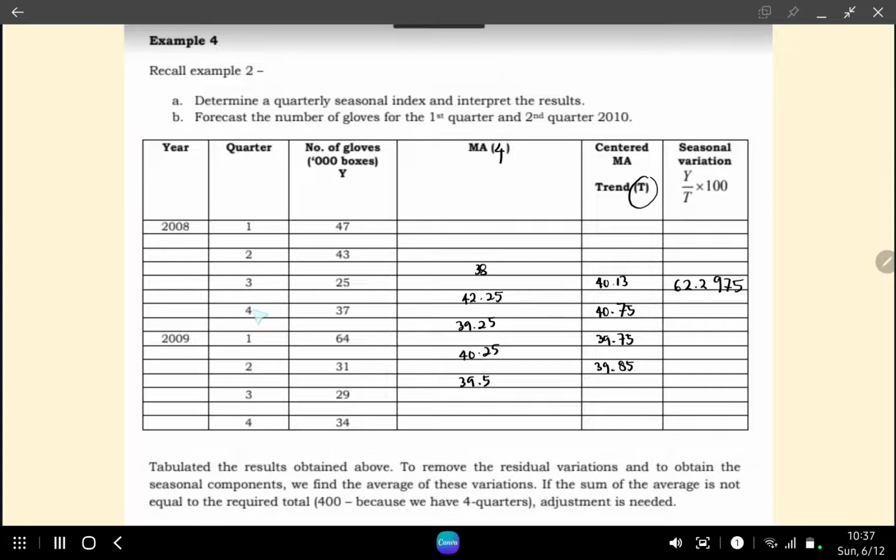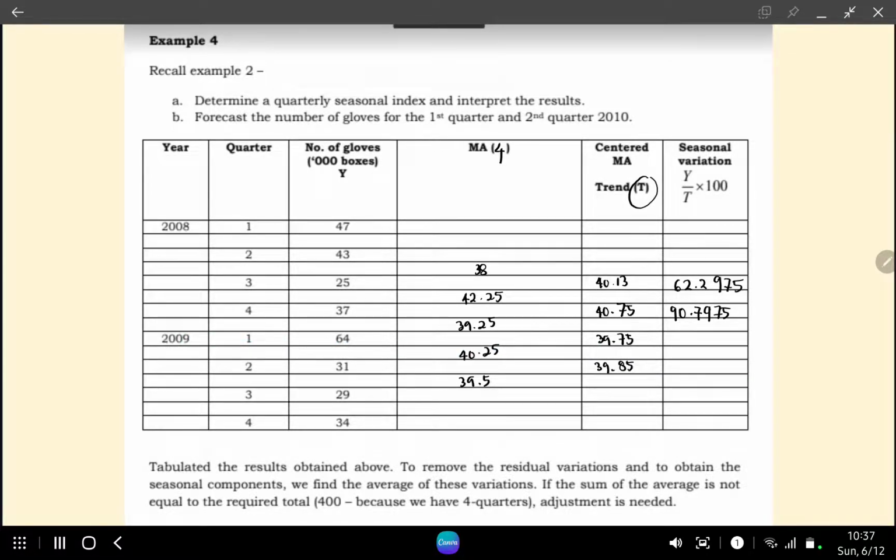Next for quarter 4 2008, our Y is 37, divided by 40.75, multiply with 100. So the answer is 90.7975.